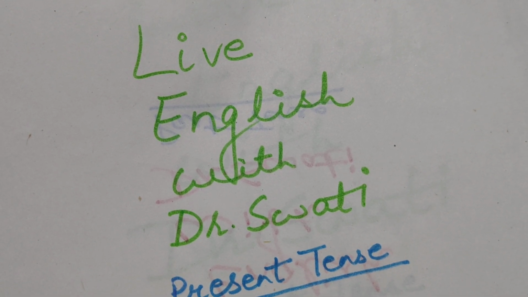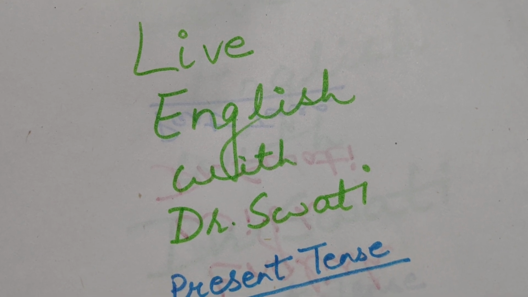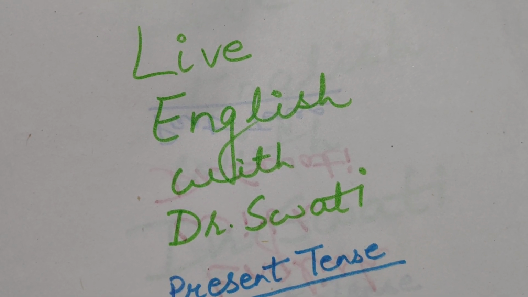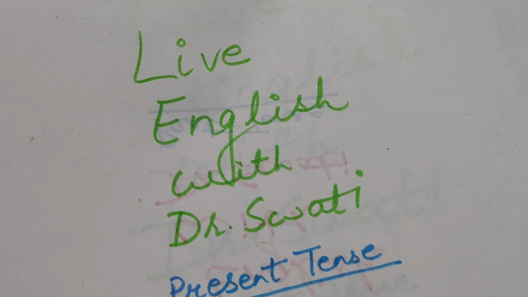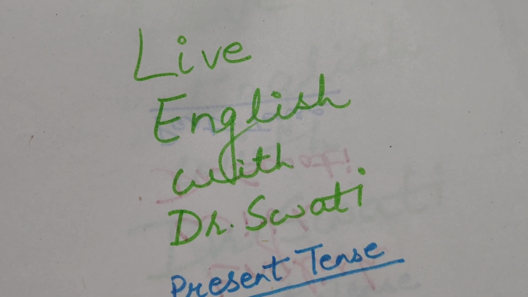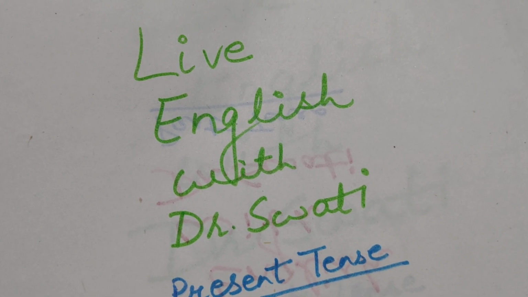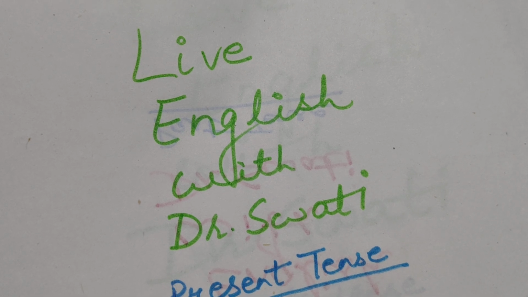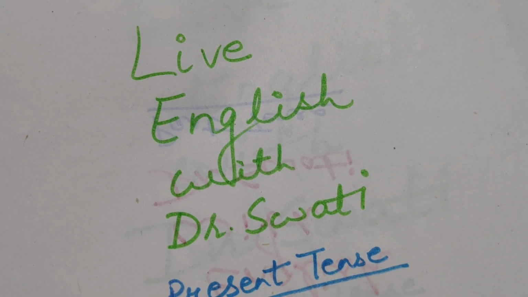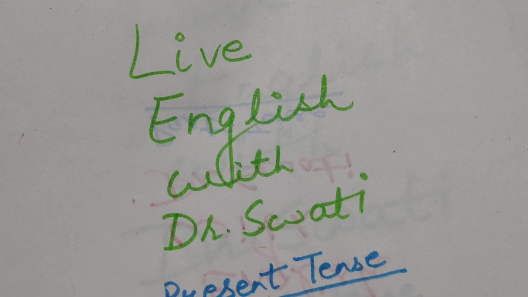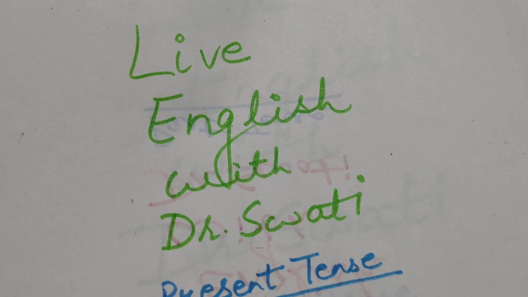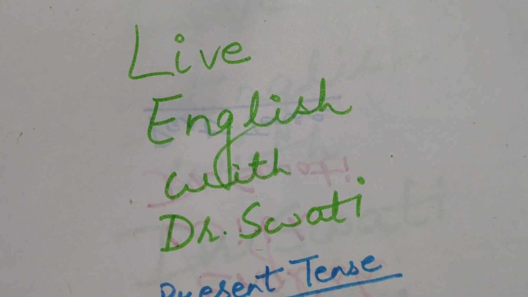In the same way, when you will be talking about present perfect continuous tense, now present perfect continuous tense is something which takes place again from the past time but is still going on. As you can say, he has been playing since 4 o'clock.